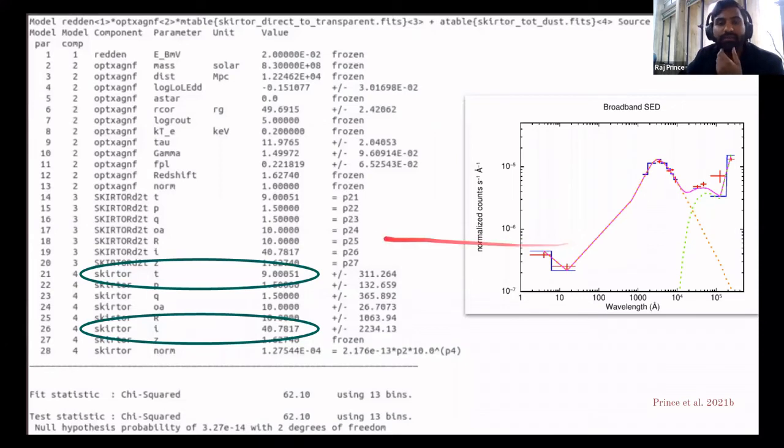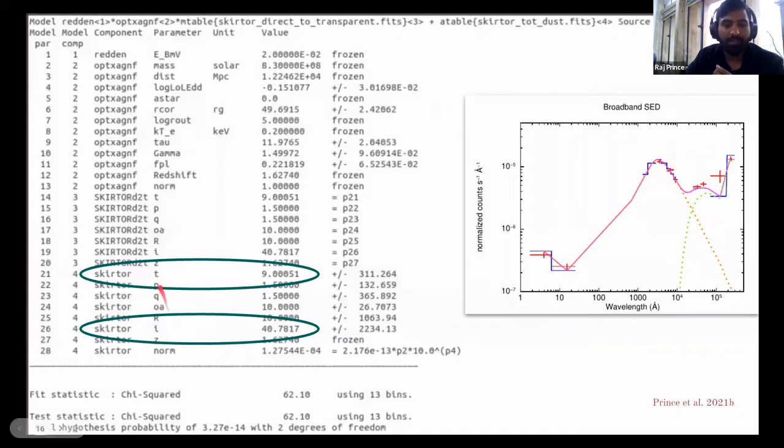In our sample we have around 90 sources. We do the modeling for all the sources and try to measure two parameters, the viewing angle and the optical depth tau. The optical depth is directly related to the opening angle of the torus.